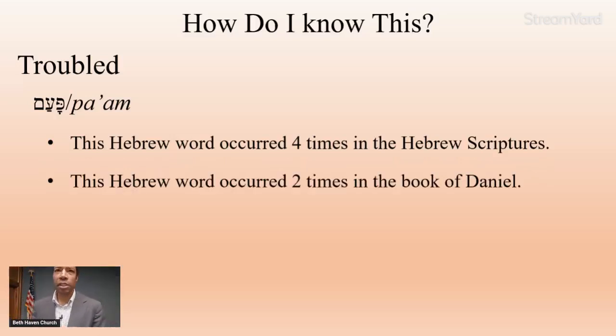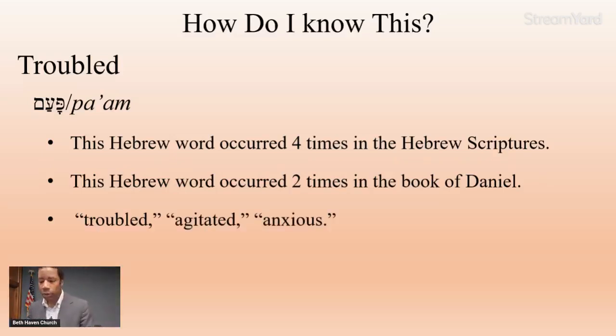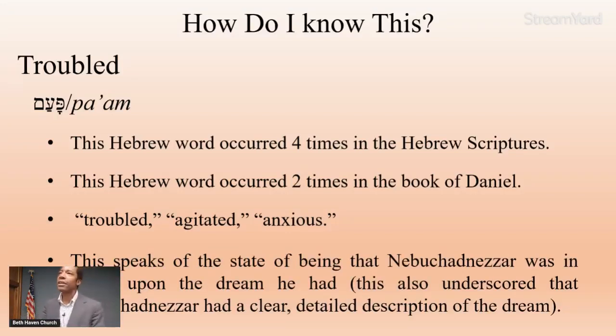This word paam could be translated troubled, agitated, as in stirred in disposition, or anxious, not able to sit still, or frustrated about something. Again, this underscores the state of being. And I mention it like that because it doesn't just include the feelings and the emotions that Nebuchadnezzar is experiencing, but also the thoughts as well.